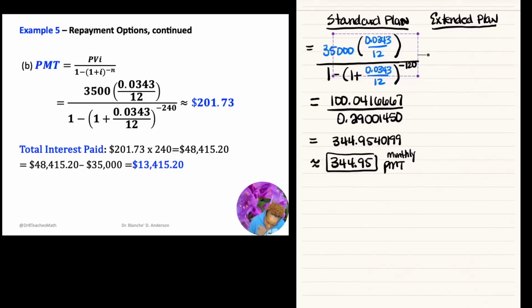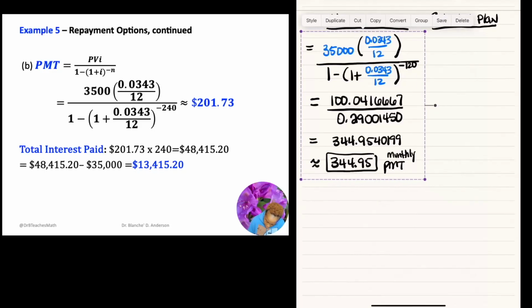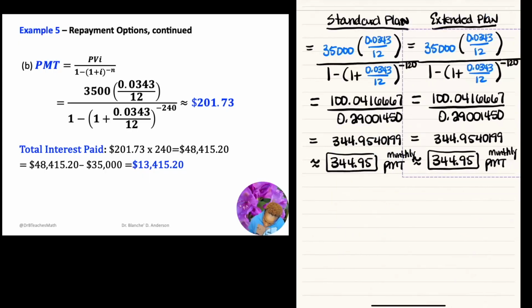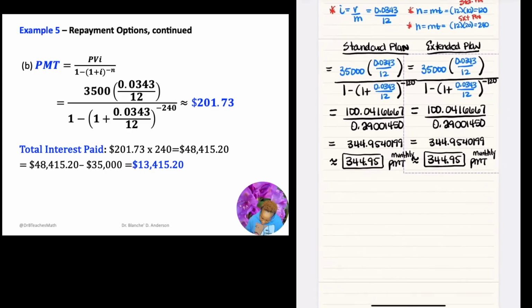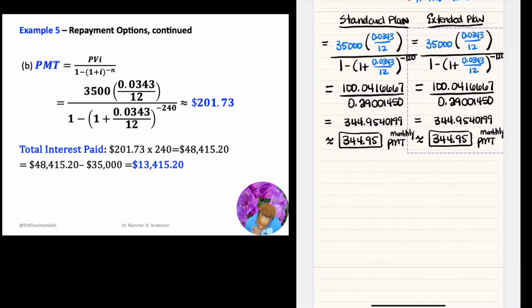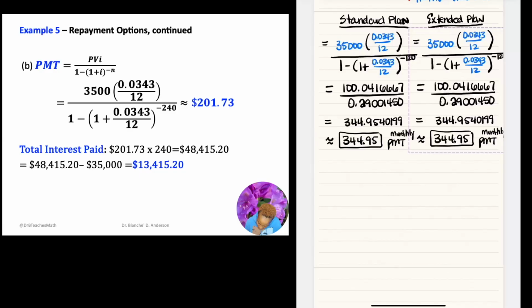I'm going to copy this. There we go. That's squeezing it in there, isn't it?